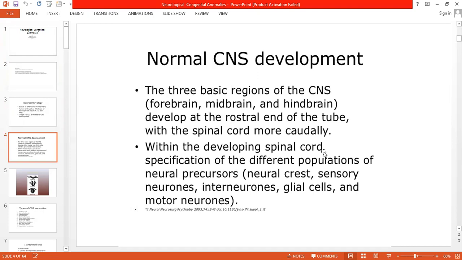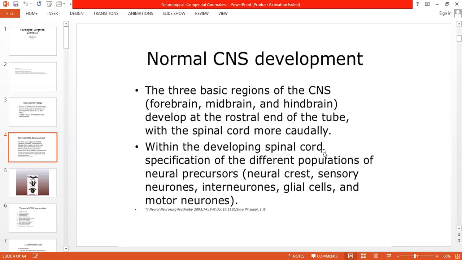In normal CNS development, the three basic regions of the CNS, that is the forebrain, the midbrain, and the hindbrain, develop at the rostral end of the tube, meaning towards the head, with the spinal cord more caudally. That is the caudal end of this tube.